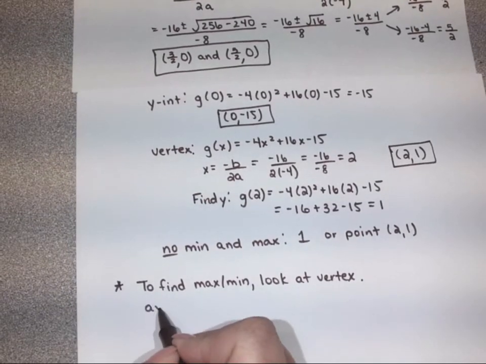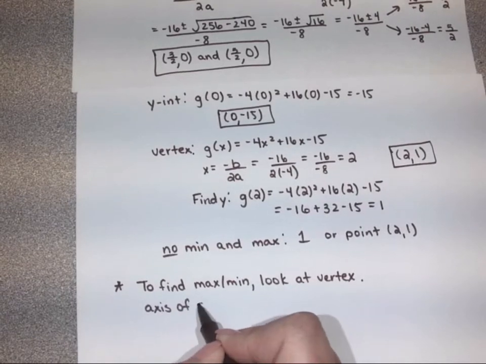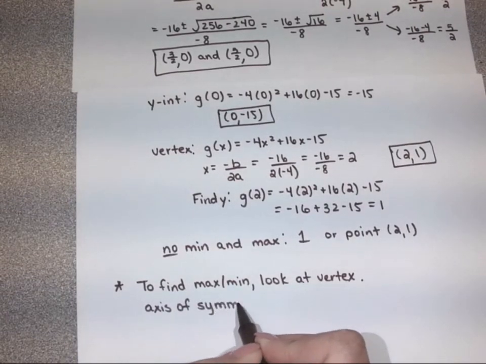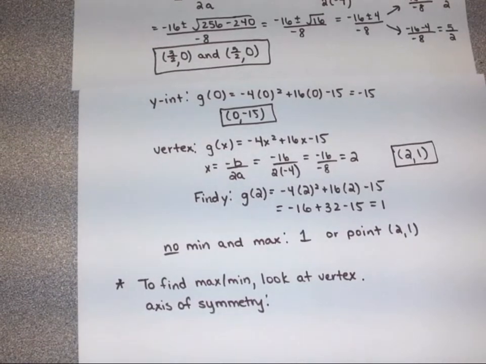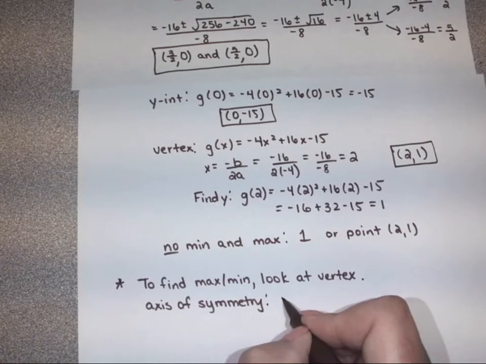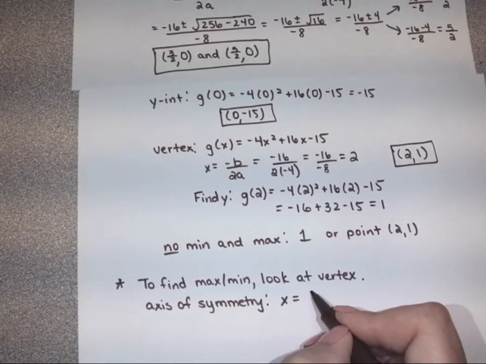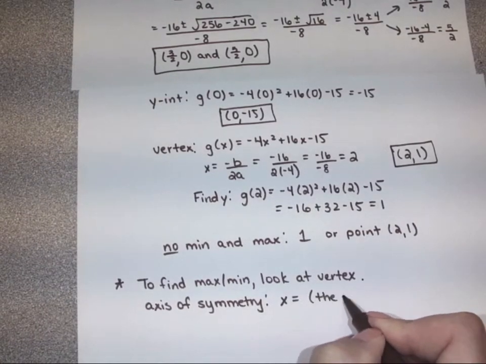I don't remember if this is on your homework this time, but just in case it is, note the vertex will also tell us what the axis of symmetry is. The axis of symmetry is always going to be a vertical line, and it's always going to cross through that vertex. So the axis of symmetry will always be x equals the x value of the vertex.